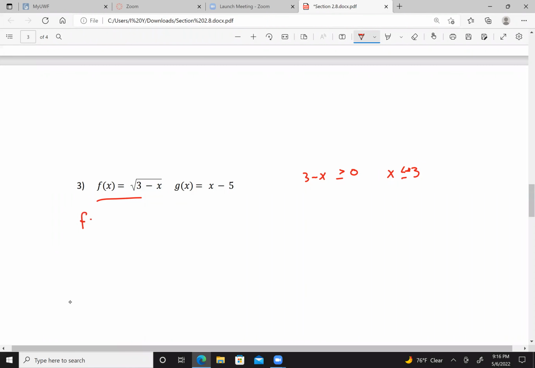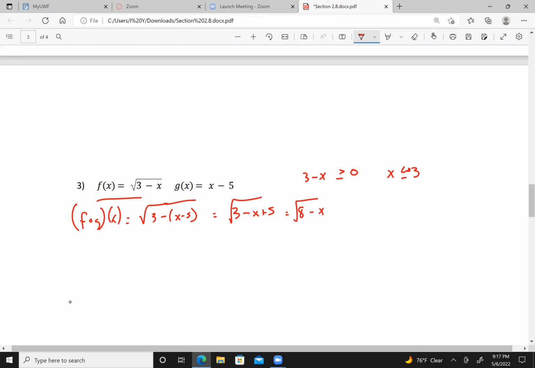So going to the composite of f and g of x, we plug g in for x, and I get the square root of 3 minus x minus 5. Doing a little work here, this is 3 minus x plus 5, which is 8 minus x, so the square root of 8 minus x.